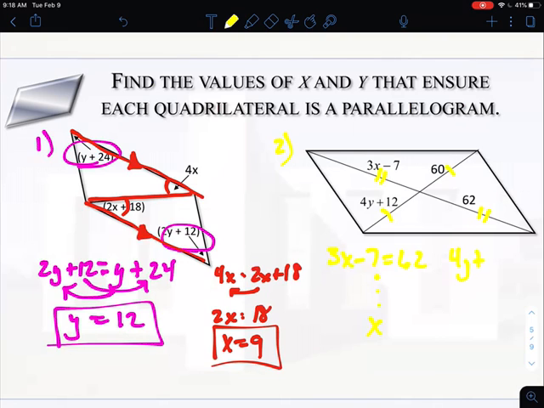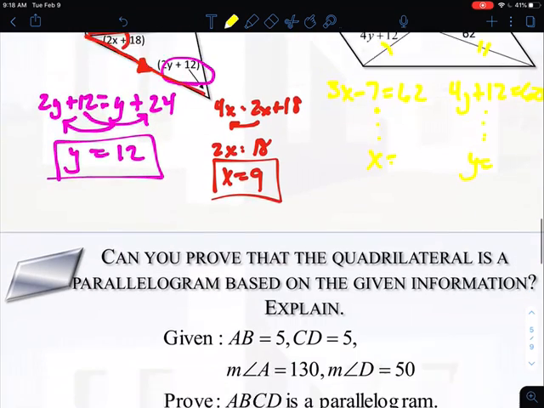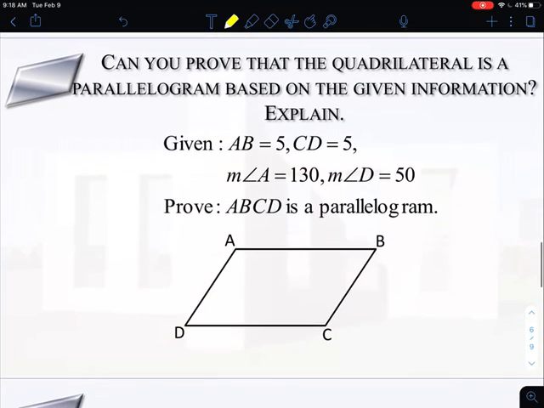And then I can solve that for x, which you guys can do. And then I would take my 4y plus 12 and set it equal to 60. And then again, I would solve for y, which you guys can do. So the big thing here is just understanding how to set up the equations. Am I setting them equal to each other, or are they consecutive angles and add to 180? So you just have to figure out what's the relationship, set up the equation, and solve.